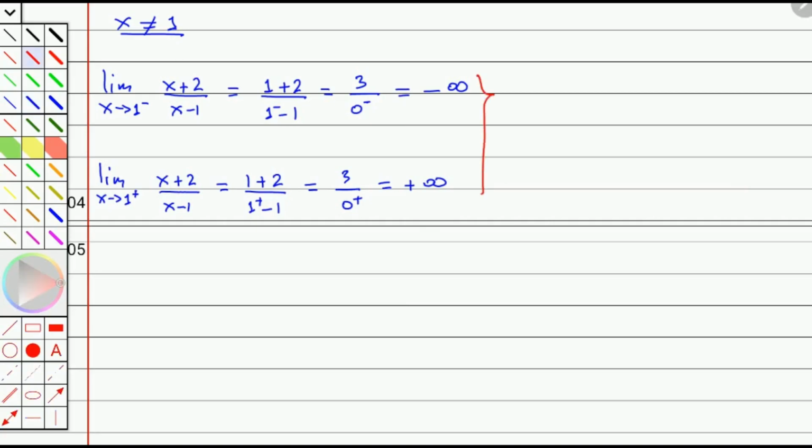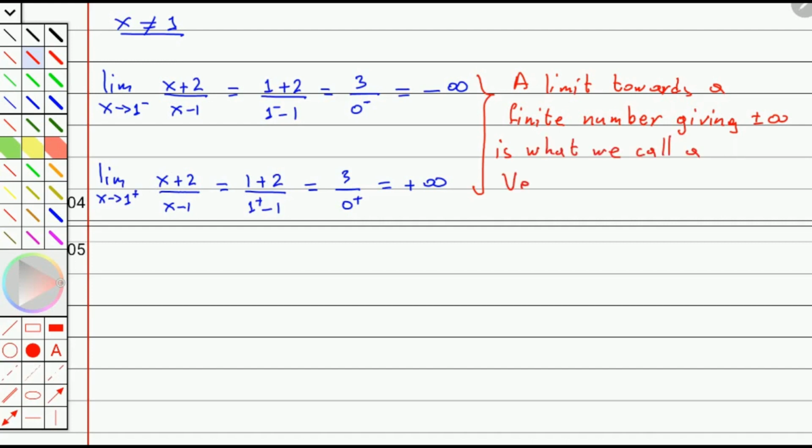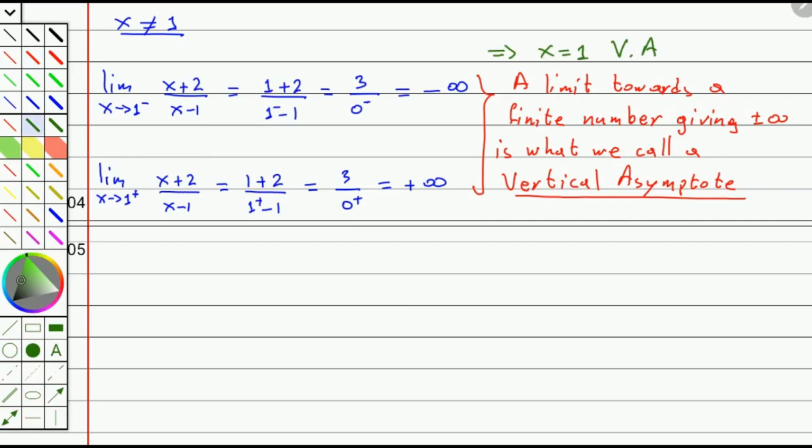And we can see that a limit towards a finite number giving plus or minus infinity, or both in this case, is what we call a vertical asymptote. So whenever we have restrictions, we must take this limit as well. And so x equals 1 is a vertical asymptote.